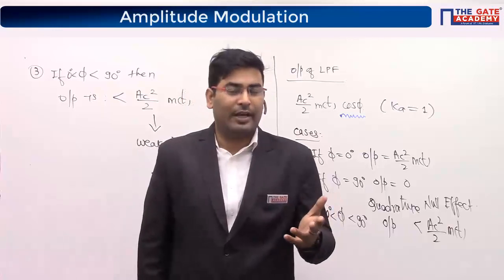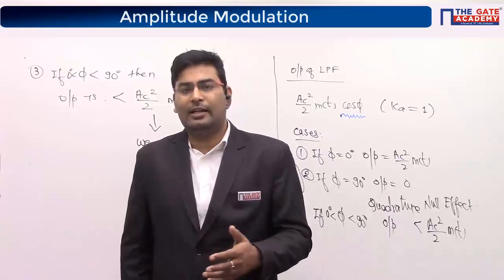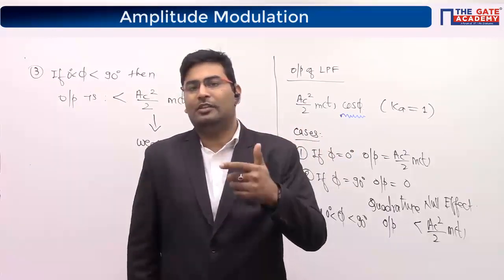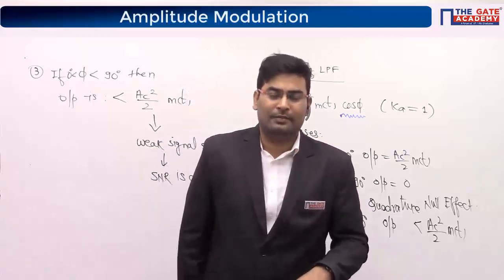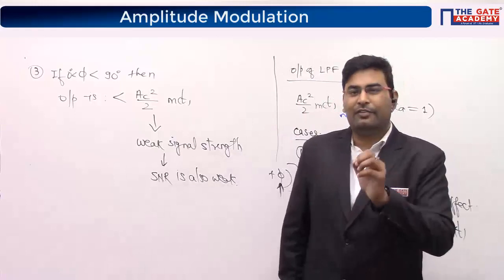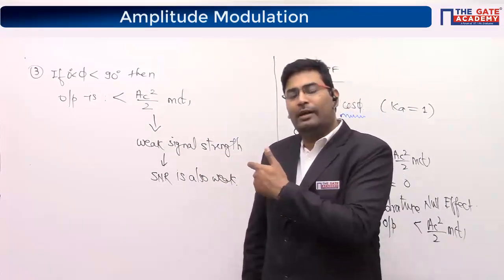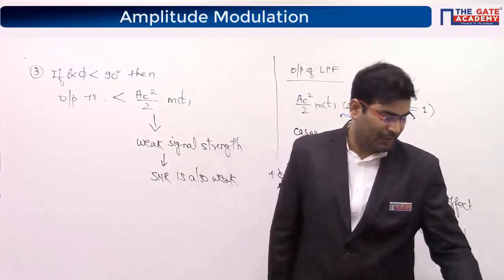The two things that get affected by the channel are the phase and the amplitude. Frequency doesn't change even a bit. If you are sending FC, you will get FC. That's why I have written cos(2 pi FC t plus phi); no frequency change is happening.